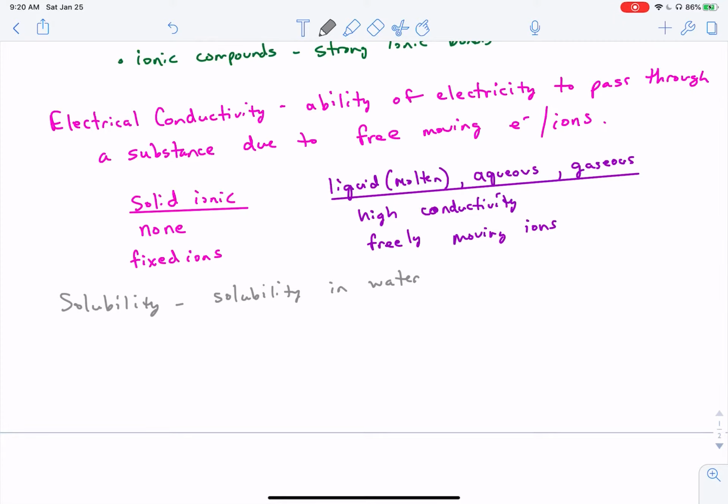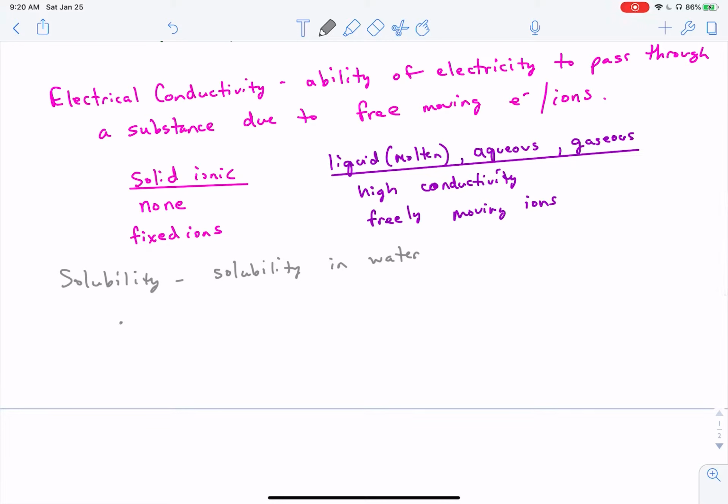And so the idea here is you just want to focus on the idea that ionic compounds vary in solubility based on the ions present.